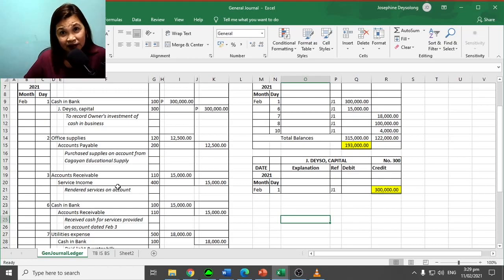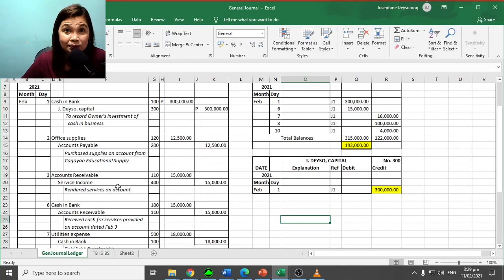So I have a client here who did not pay me in cash, but I rendered my services on bookkeeping, but then I did not receive cash. Pero inutang. It says here, services on account. So because it is on account, my account title here is accounts receivable. It is still receivable. I didn't pay cash. And that is my debit.